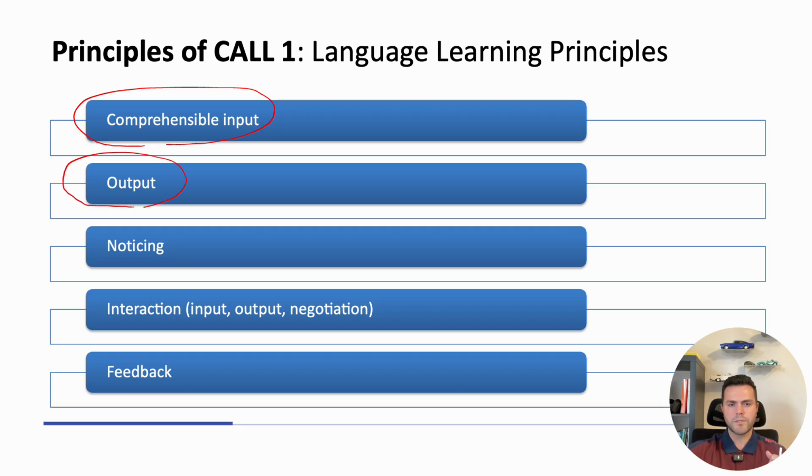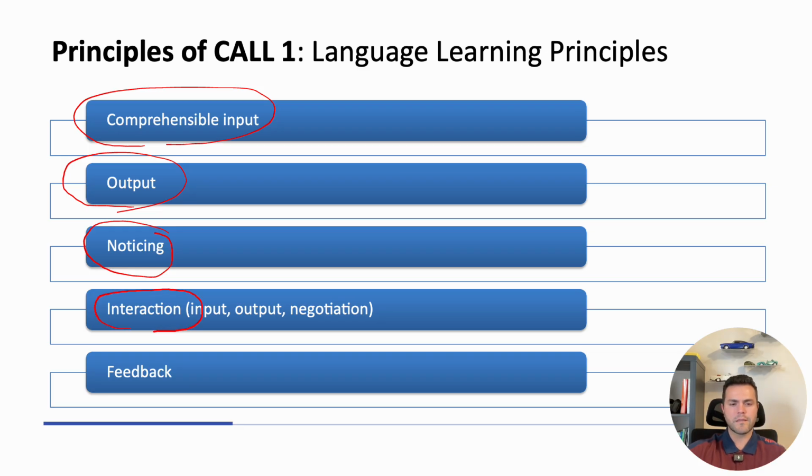Second is output. It's not enough to just consume language. Learners need chances to produce it, whether that's speaking, writing, or interacting. Third is noticing. Learners must notice how language is used, whether it's a grammar pattern, a collocation, or a new word.